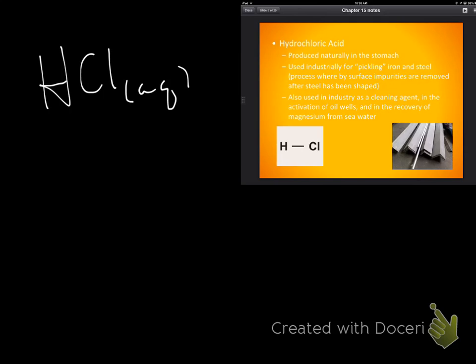So this one also mentions used in the activation of oil wells. When they're doing the frack wells around here, the hydraulic fracturing, they talk about the primer fluid. And the literature from the company is kind of insulting because it says things like, the things found in fracking fluid, things like acids, just like lemon juice or vinegar, and they put it in terms that are meant to reassure the public whether or not they should be reassured.